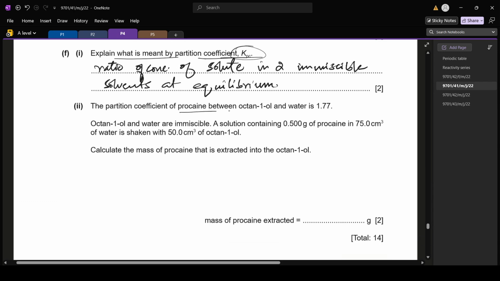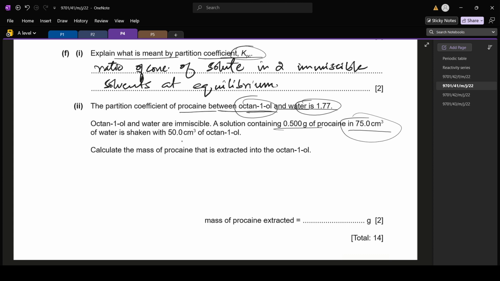The partition coefficient of protein between octan-1-ol and water is 1.77. Octan-1-ol and water are immiscible. A solution containing 0.5 gram of protein in 75 cm cube of water is shaken with 50 cm cube of octan-1-ol. Calculate the mass of protein that is extracted into octan-1-ol. So the equation of KPC is the concentration of X in octan-1-ol divided by the concentration of X in water.